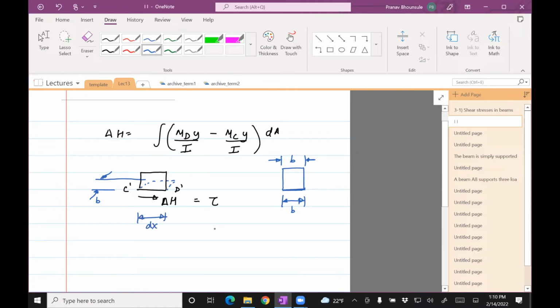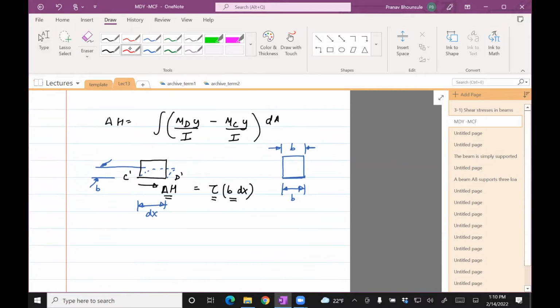So the shear stress is acting over the bottom face, and the bottom face has, in this case, a thickness of b and length of dx. That will be the cross-section area over which the shear force acts. So force is stress times area.